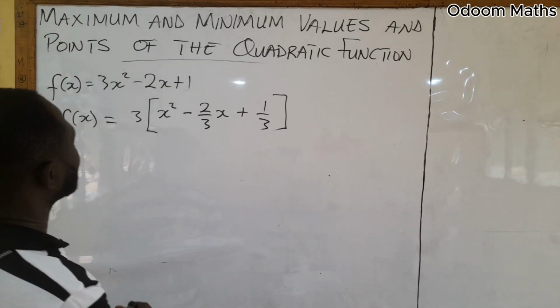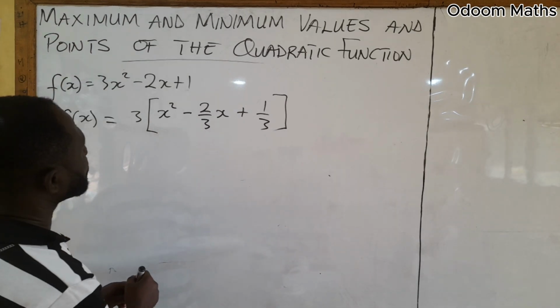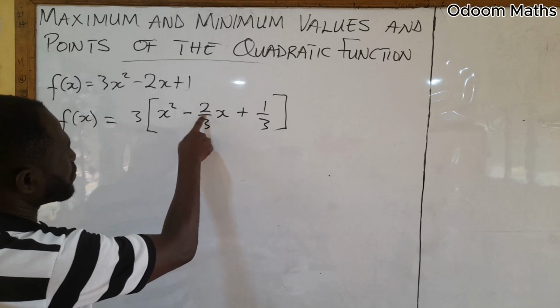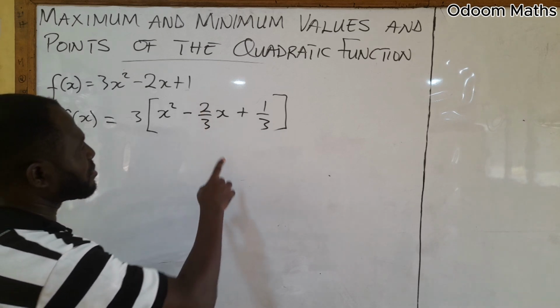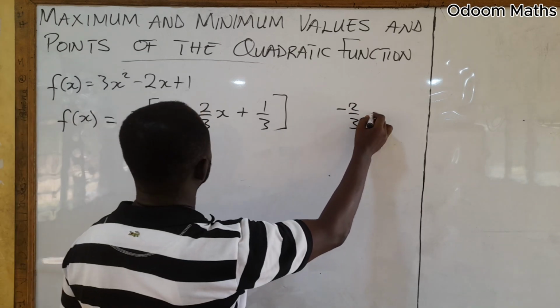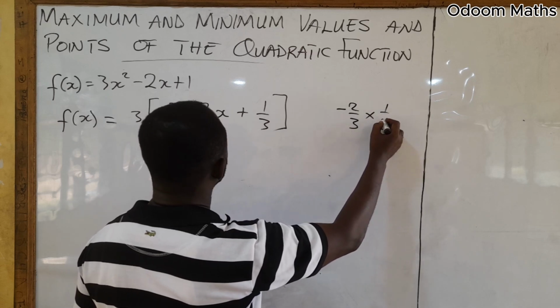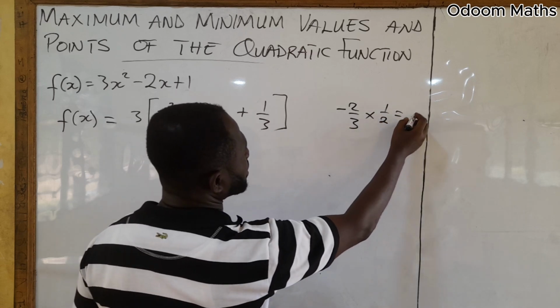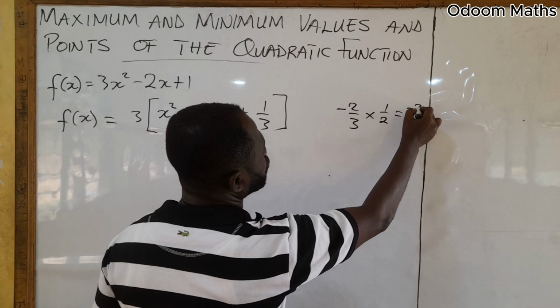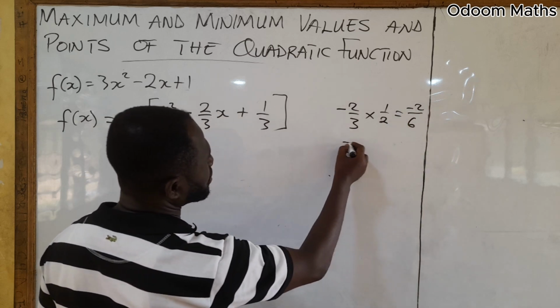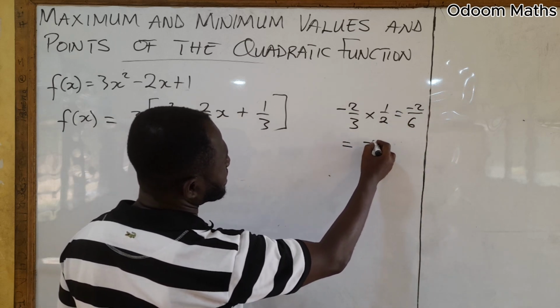After factorizing, I am going to take the coefficient of x, which is negative 2 over 3, times 1 over 2. This is going to be negative 2 over 6, which subsequently becomes negative 1 over 3.